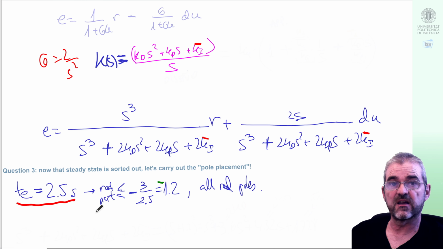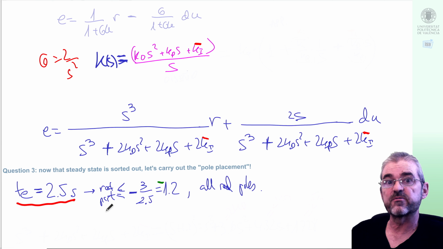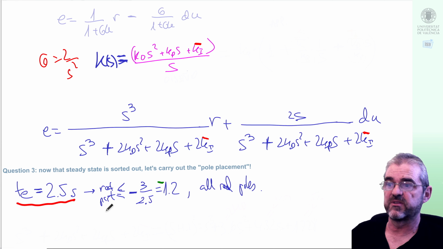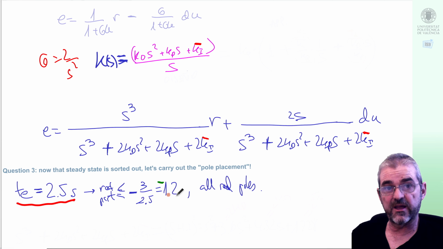If my settling time is 2.5 seconds, then a first order formula for an exponential tells me that settling time is 3 over the real part, the 95% criterion, if you remember, or again that the real part of my pole must be negative, of course, more negative than 3 over desired settling time. So in this case, 3 over 2.5 is 1.2, then if the real part of my poles is minus 1.2 or minus 1.5 or minus 2 or minus 20, then the poles will be fast enough to meet my settling time criterion.